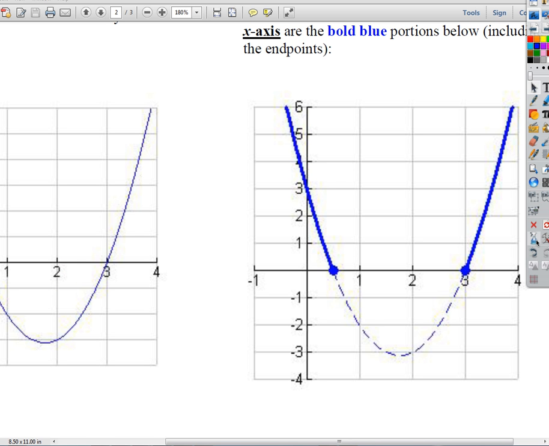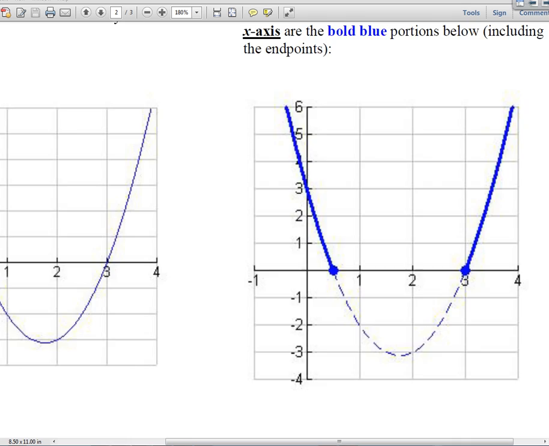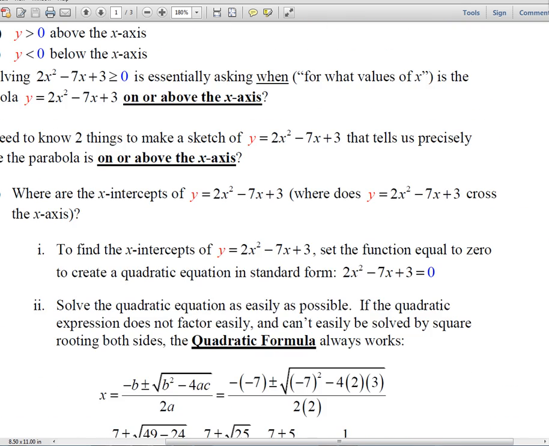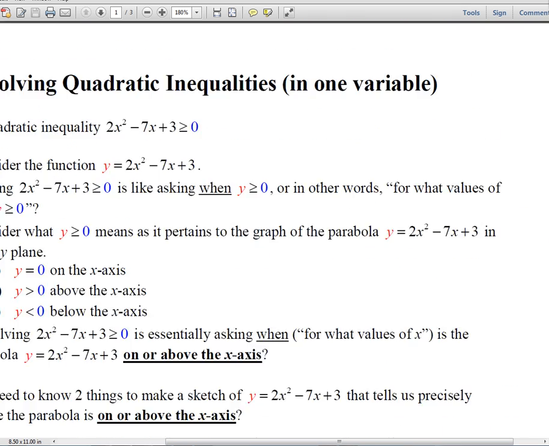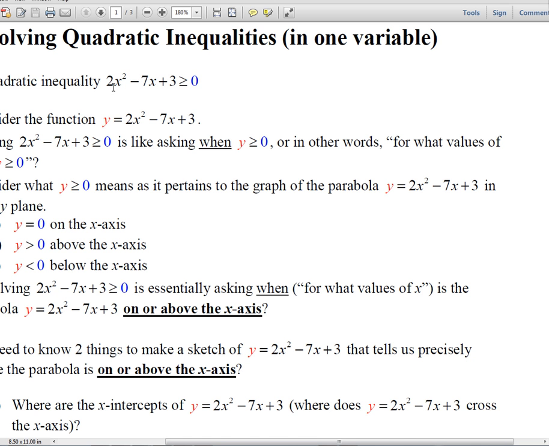If I take my parabola, in my original question asked us, when is this parabola 2x squared minus 7x plus 3 greater than or equal to 0?